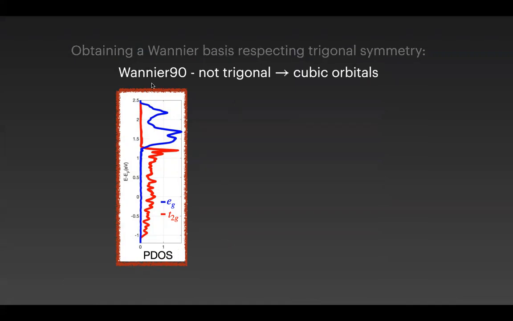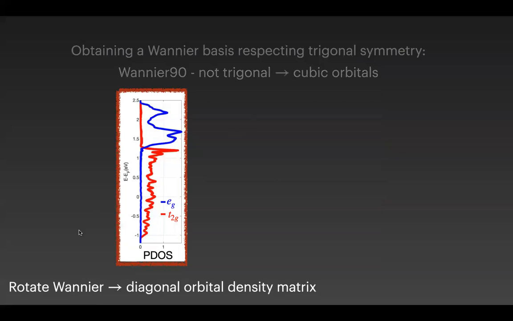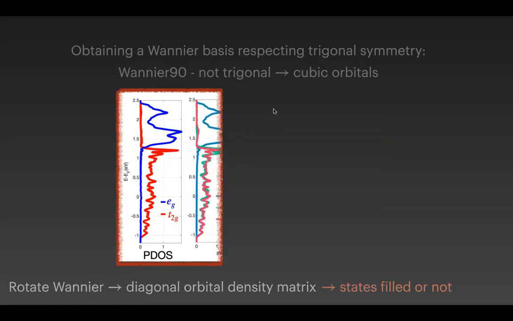That's because Wannier90 does not have a trigonal seed, though we can add one. And it will tend to lead to cubic orbitals. But rather than add the trigonal seed for the orbitals, what we've done is we've rotated the Wannier orbitals in such a way that we obtain a diagonal orbital density matrix, which is pretty easy. So you can get states that are filled or not, as I've been showing you, rather than with off-diagonal density terms.